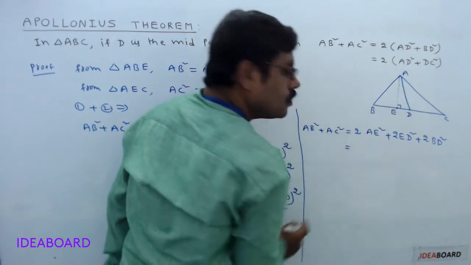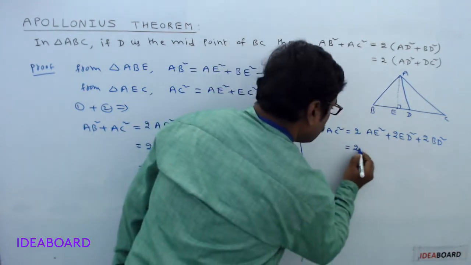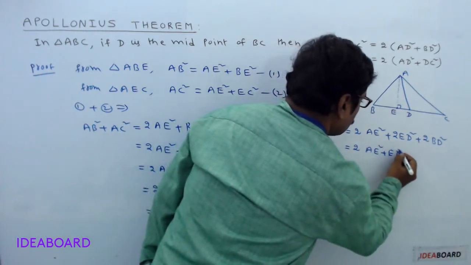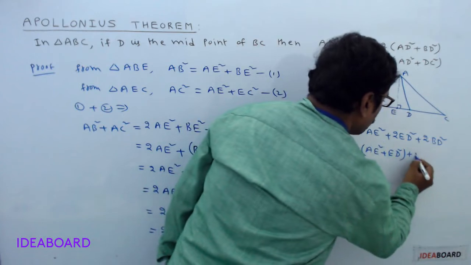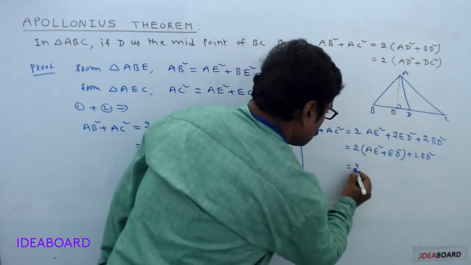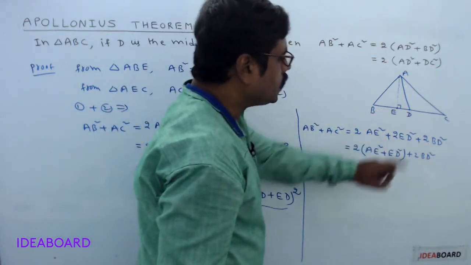Now take the common factor 2 from these two terms: it is 2 into AE square plus ED square, plus 2 into BD square. Now this equals 2 into AE square plus ED square.